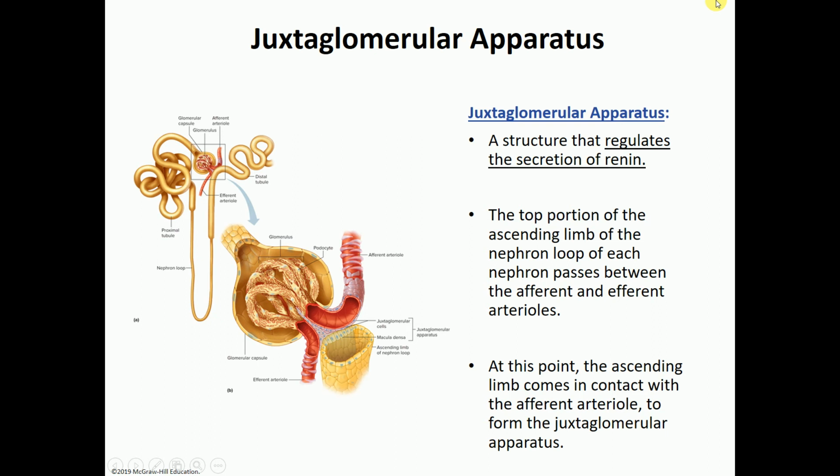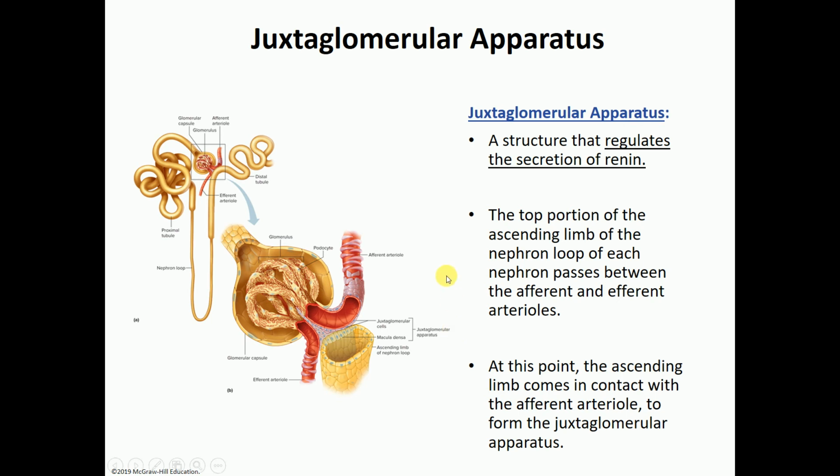Now, the juxtamedullary nephrons have an apparatus known as the juxtaglomerular apparatus. So what is that apparatus and what does it do? Well, it regulates the secretion of renin, and renin is a hormone that is going to be important in regulating how much water we lose in urine.